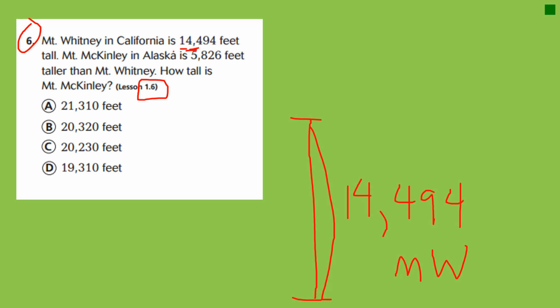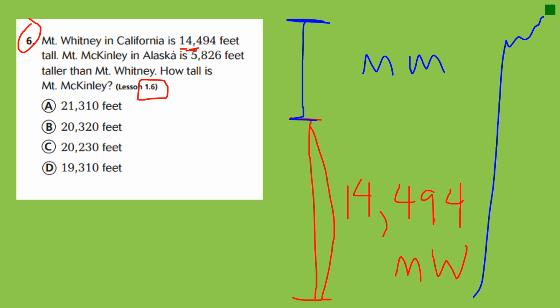Oh, so Mount McKinley is taller. Boop, it's like up there. Okay? So this is Mount McKinley. So the blue mountain is Mount McKinley, and the orange mountain is Mount Whitney. Okay?